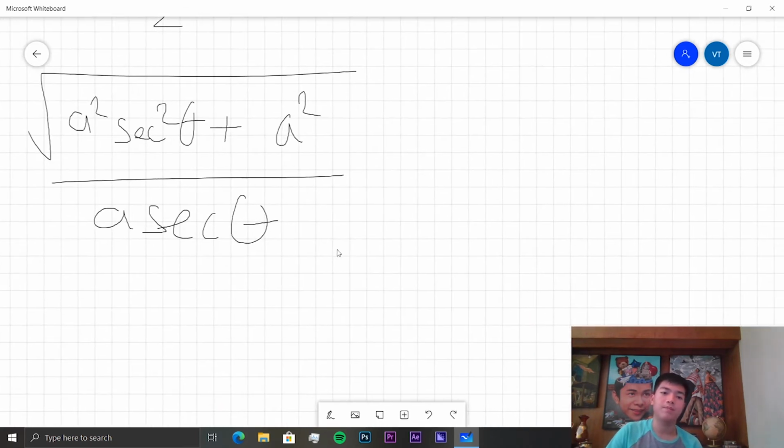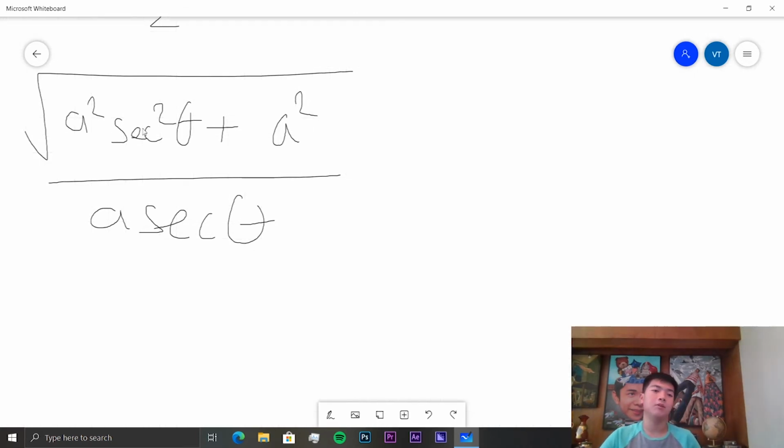And this top part, we can see this is equivalent to 1 plus secant squared, which is equal to tangent squared.